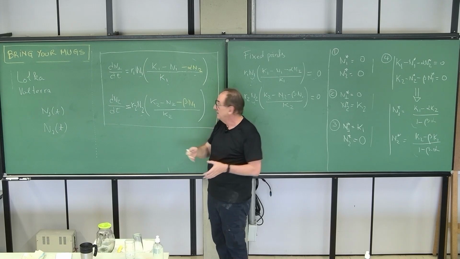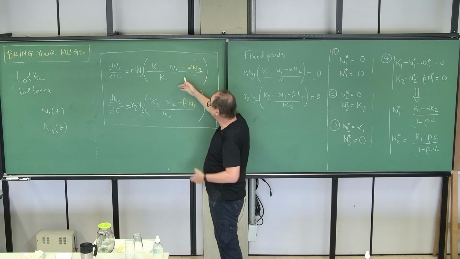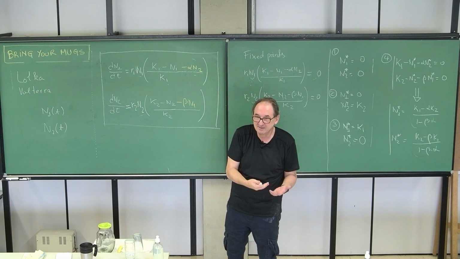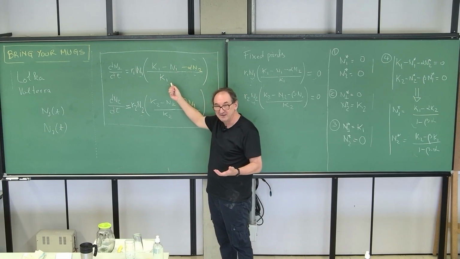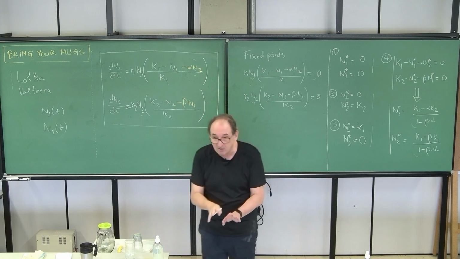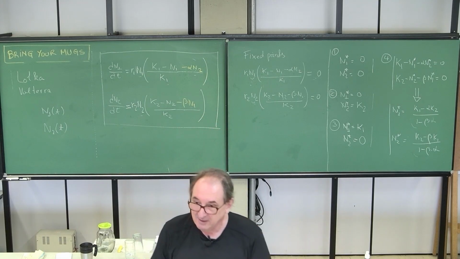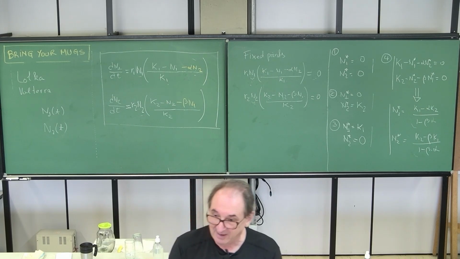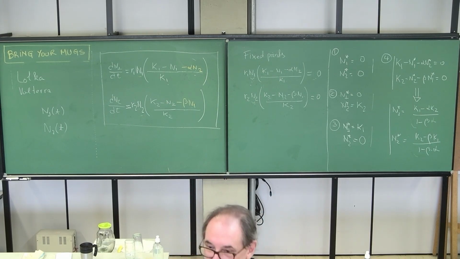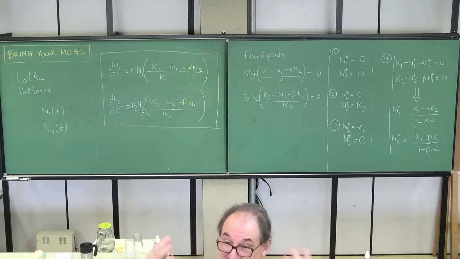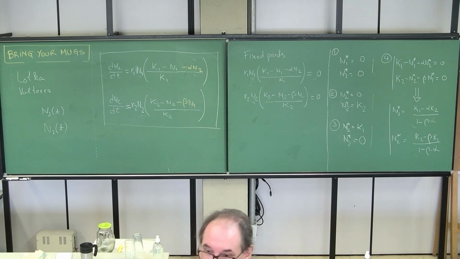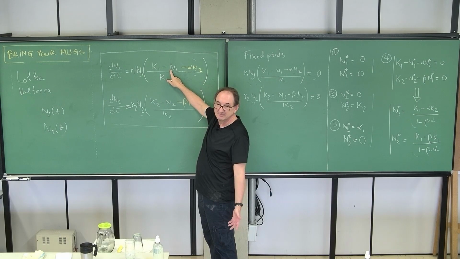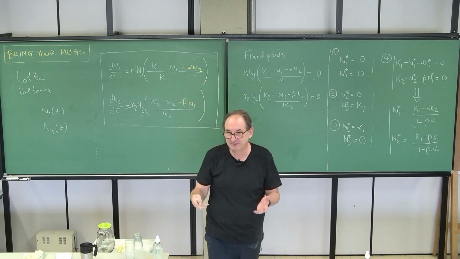So if they are very small, it's easy to see that if you have 10 individuals of the species N2 and alpha is 10 to the minus 4, then the total effect will be 10 to the minus 3 compared to the effect of one individual of species 1. Okay, so it's negligible in that sense.